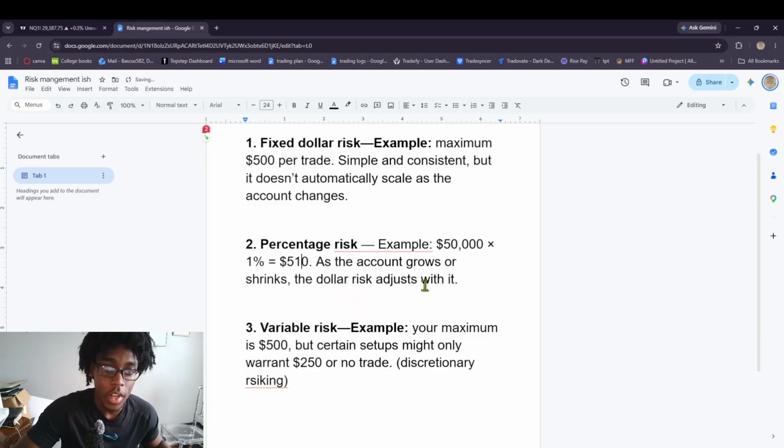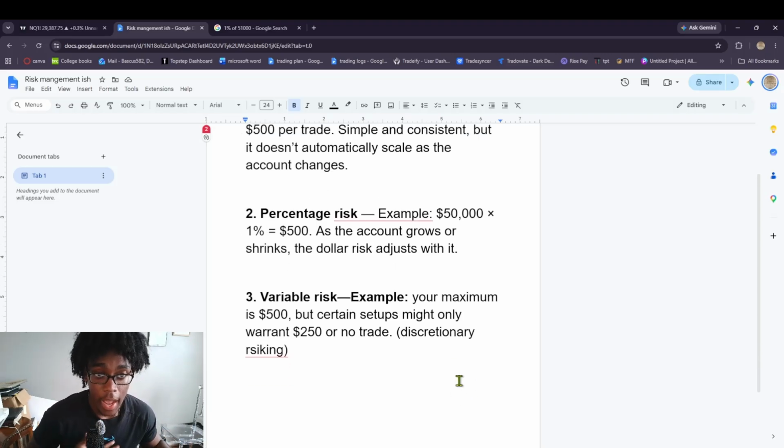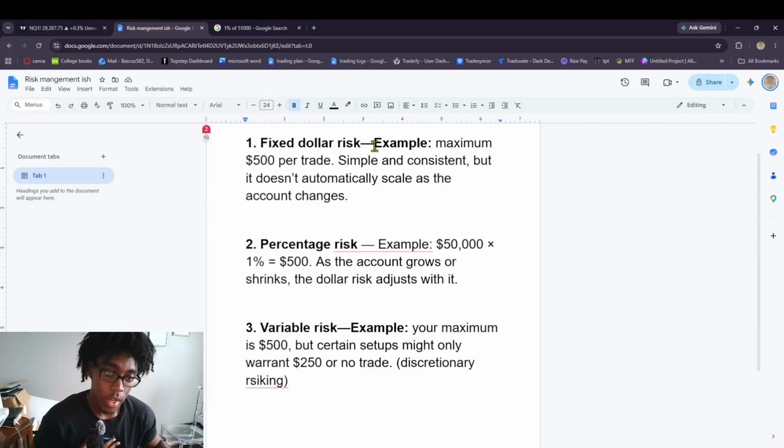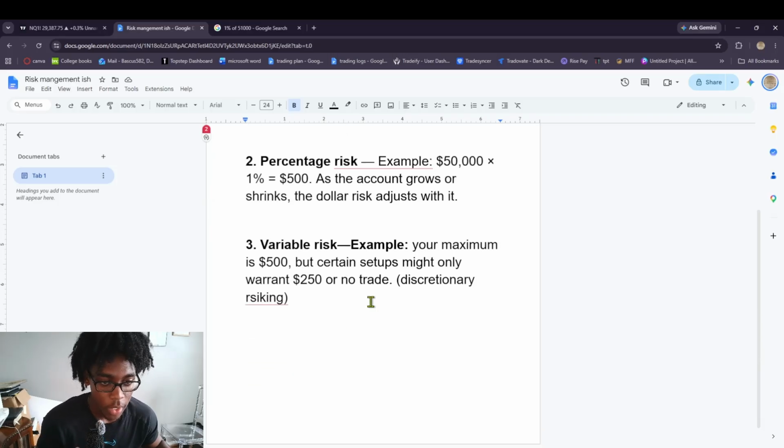Now, if that account goes up and up and up, you see how that risk slightly changes, so on and so forth. The more your account goes, you're basically risking more, but it's not really risking more because it's still within the constraint of I'm risking 1% of this account. Personally, I do the fixed dollar risk. I'll tell you guys why later on, but let's look at the last one.